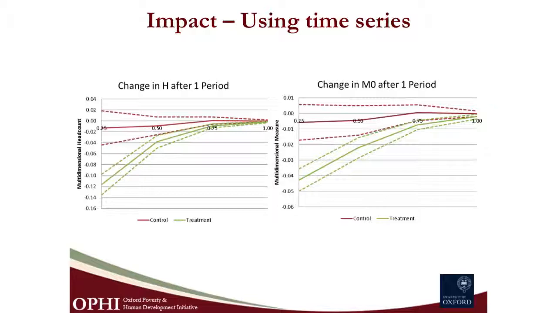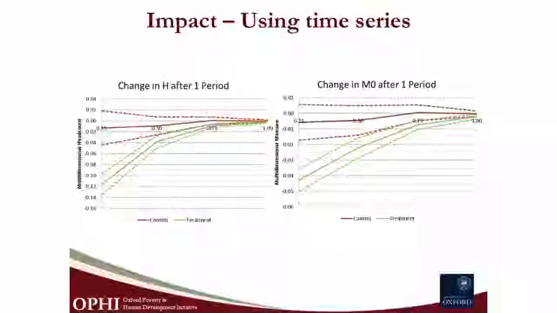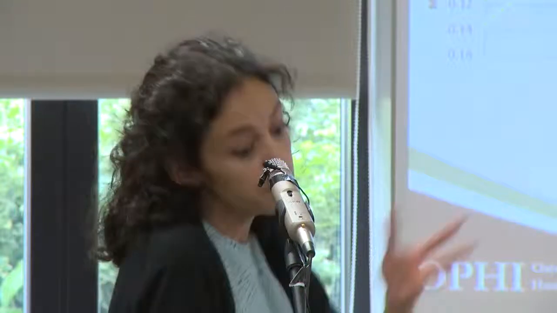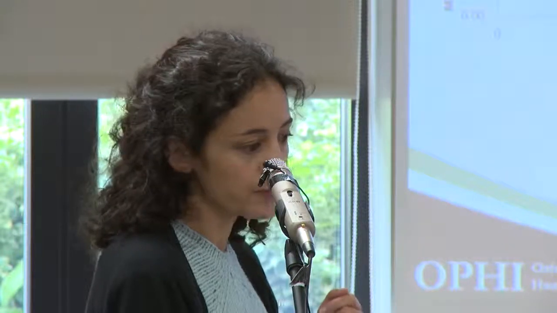See how much the treated group has reduced M0, compared with how much the control group has reduced M0. And you again see that for any K below 0.75, the amount of reduction in the treatment group was much bigger than in the control group.